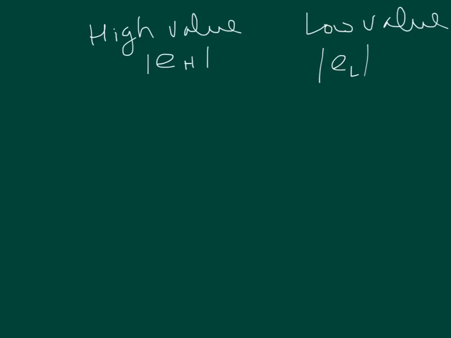So typically, the high value buyers have a less elastic demand than the low value buyers. So we would have the absolute value of elasticity for high value less than the absolute value of elasticity for low value. And from the simple pricing rule, we know that the markup for a monopolist is given by the price, let's say P_H for the high value, minus, assuming the same marginal cost, should be equal to 1 over the absolute value of the elasticity for this group.